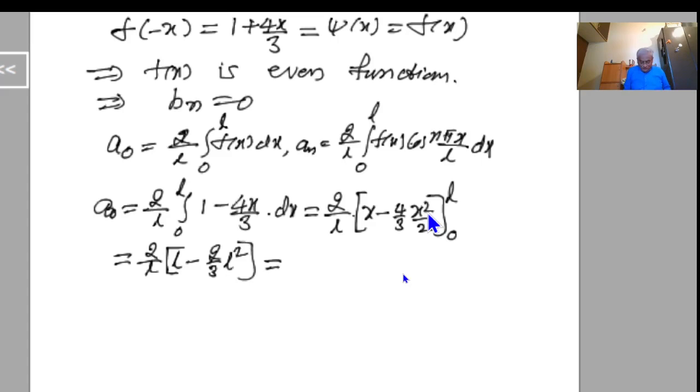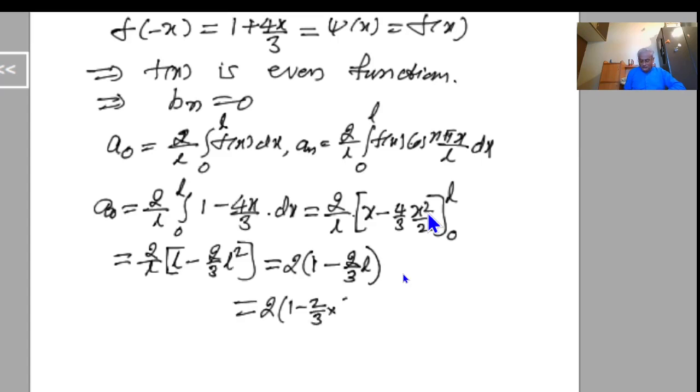This is equal to, taking this L inside, we get 2 into L by L, which is 1 minus 2 by 3 into L. Okay, 2 by 3 into L. And this is equal to 2 into 1 minus 2 by 3 into, now put the value of L here.